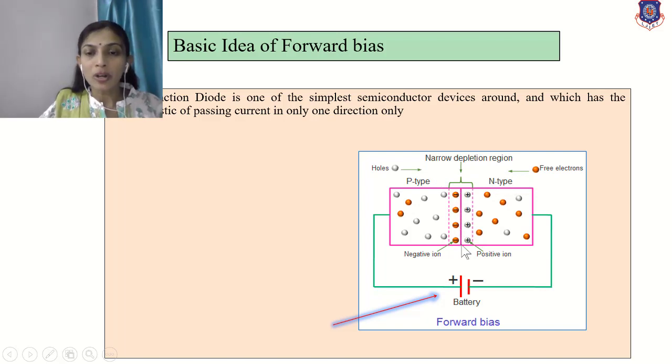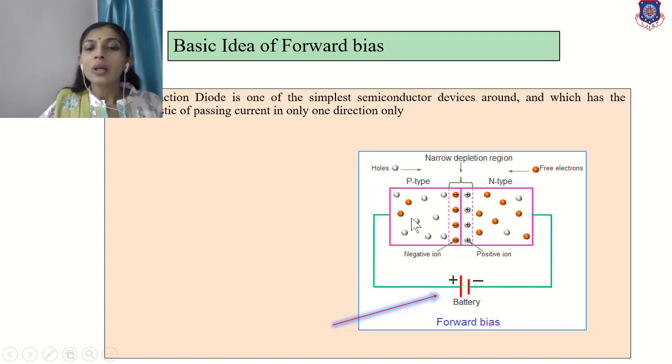Whenever they cross the junction, what will happen? They will leave behind their opposite ions. These are the ions which are encircled. These are the negative ions and these are the positive ions. When electrons cross the junction from left to right, they will leave behind positive ions near the depletion region.